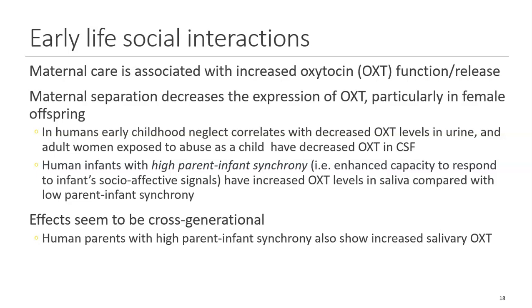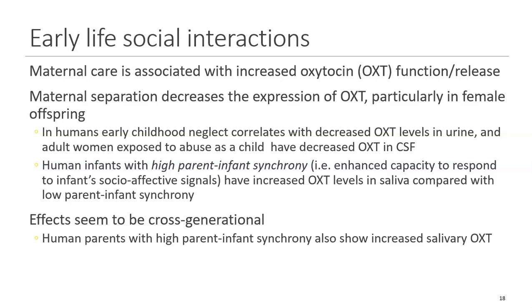In other words, when the infants and the parents are able to understand each other better, that's usually associated with higher oxytocin levels. And with lower oxytocin levels, the parents and infants aren't able to really respond to each other as well. They don't understand each other as well.